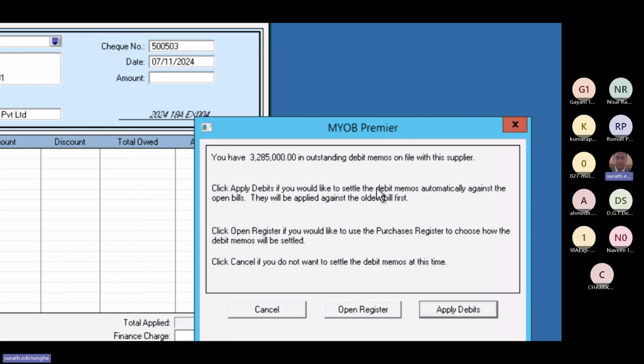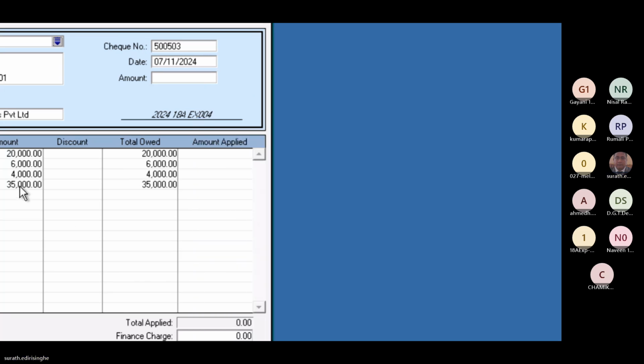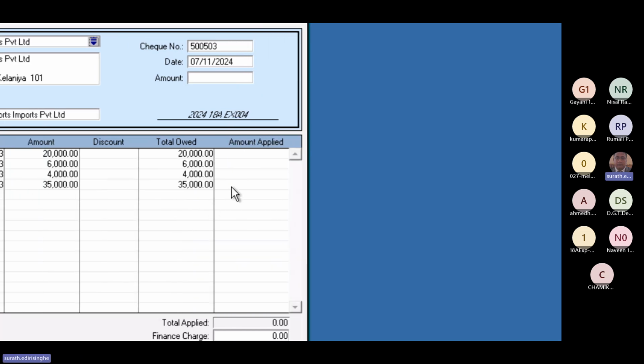Here, the credit problem. 35,000 outstanding. Change the period. 23 April 20th. 35,000.